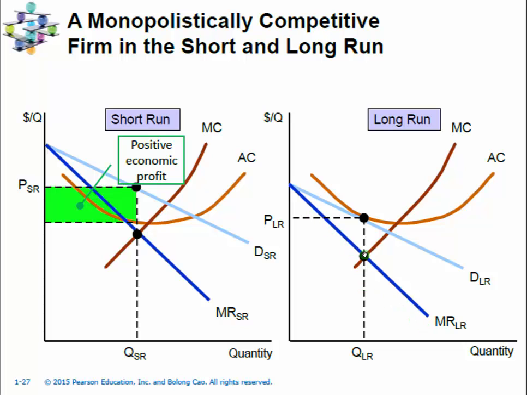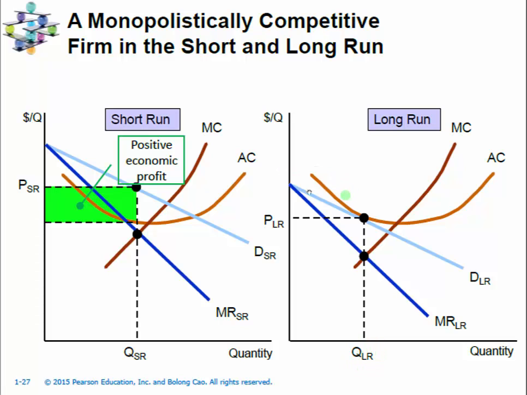The long-run equilibrium for a monopolistically competitive market with identical products and identical firms will have this kind of feature. The firms still maximize their own profit where the marginal revenue meets the marginal cost, so they produce at this Q_LR, the long-run quantity.